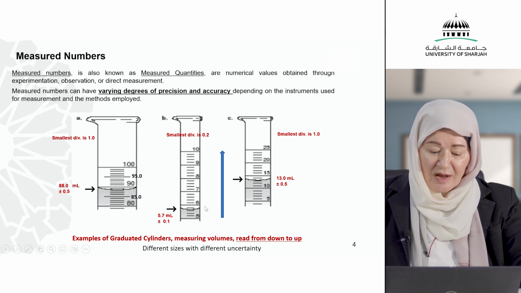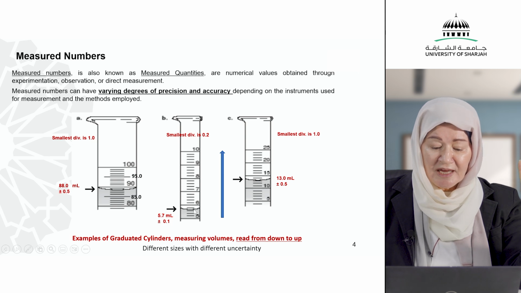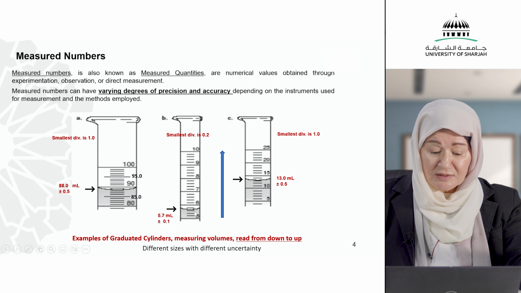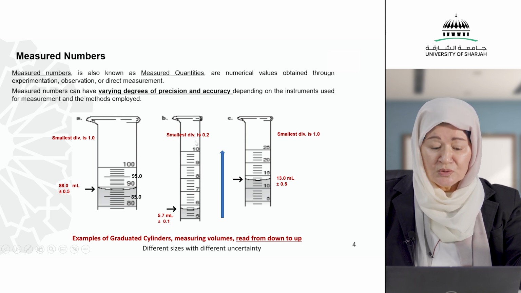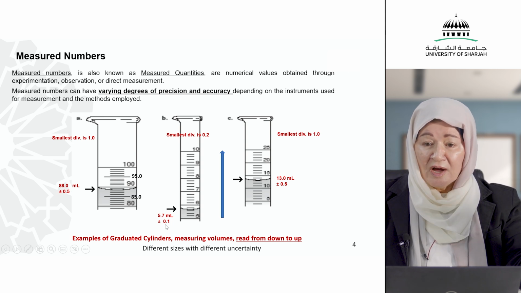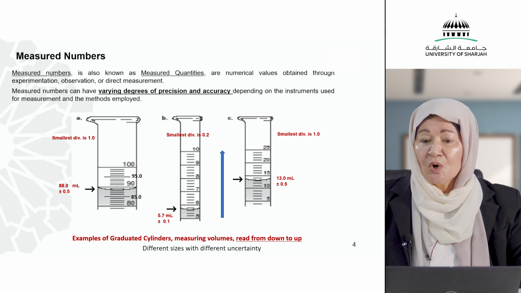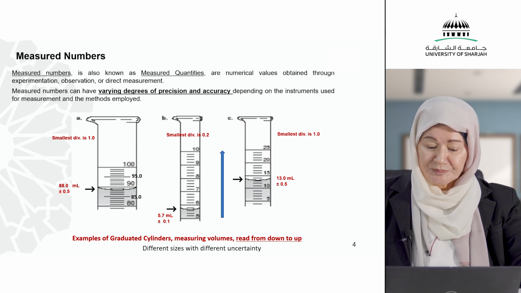My reading was between 5.6 and 5.8. It is 5.7. Because the smallest division is 0.2, half of it is 0.1. Therefore, how do I record my measurement? 5.7 plus or minus 0.1.